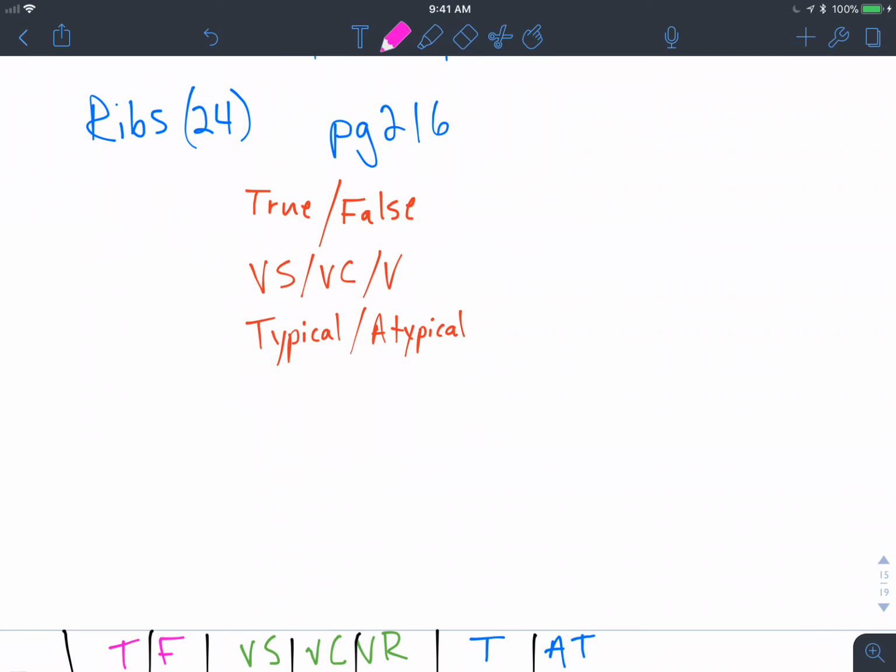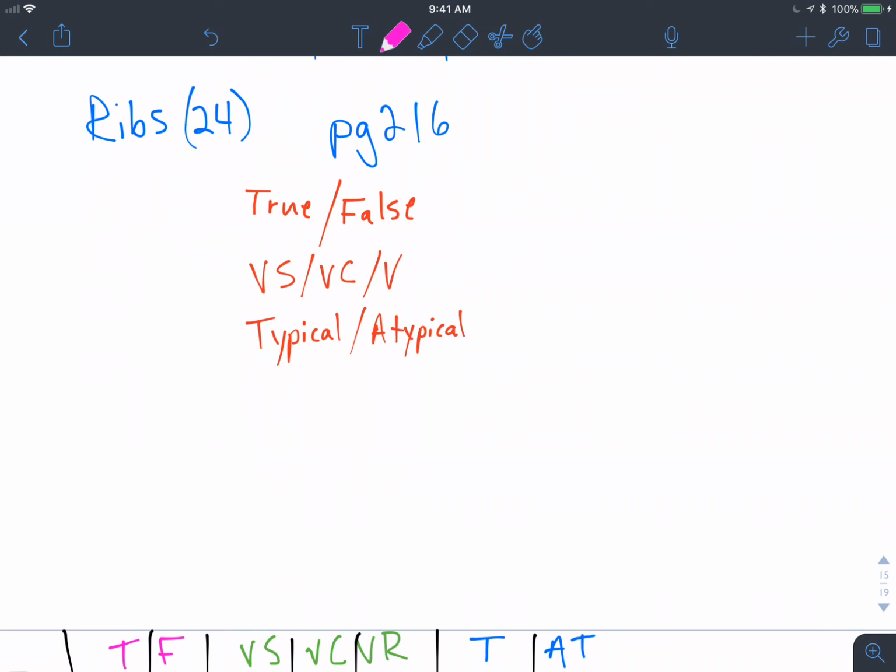And ribs, we have 24 ribs, 12 pairs, left and right. Page 216 does have probably more information than you care to know about the ribs right now. But there may be some classifications as far as, are they true ribs or false ribs? Do they articulate with the sternum? Do they articulate with 1 vertebral body, 2 vertebral bodies?